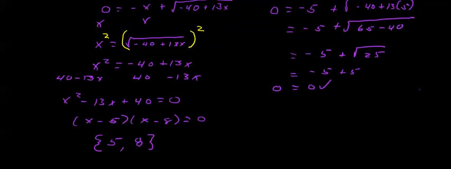And 0 equals opposite of 8 plus square root of negative 40 plus 13 times 8.